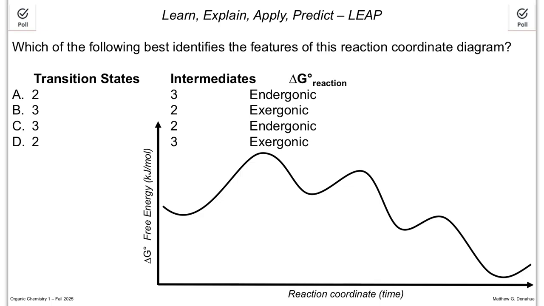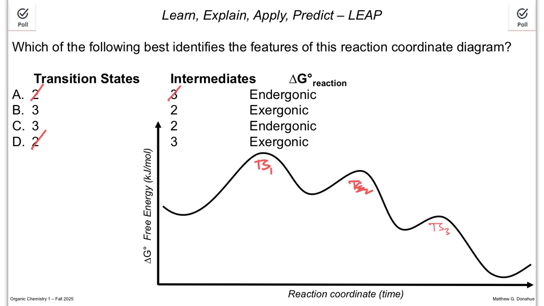So how many transition states are there? So there's 3. So we can eliminate A and D. And then how many intermediates are there?